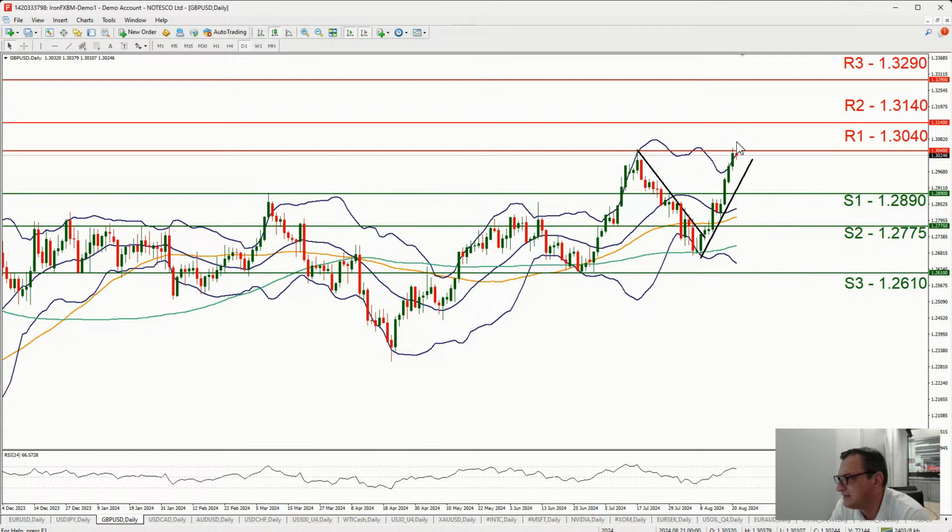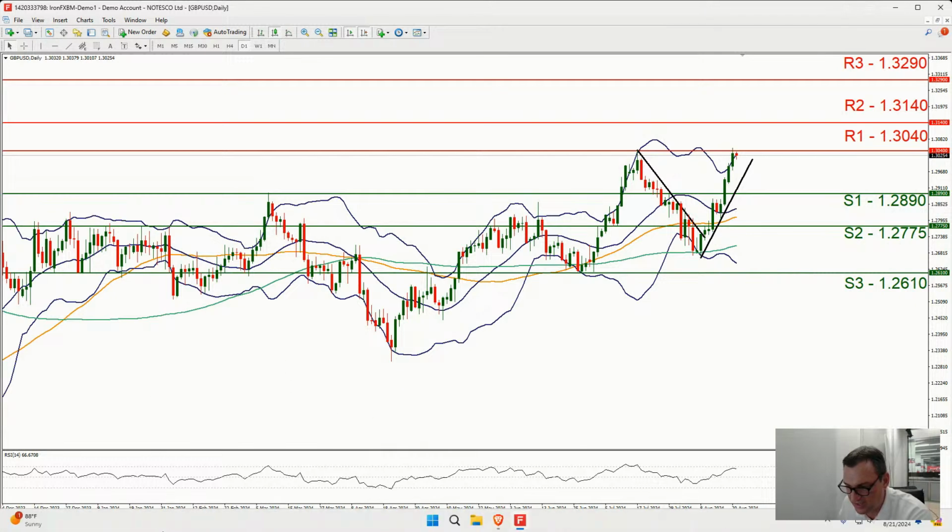On the other hand, a bearish outlook is pretty remote. For a bearish outlook, the price action of cable has to start falling, breach the aforementioned upward trend line, but also has to breach the S1 at 1.2890 and start aiming for 1.2775.